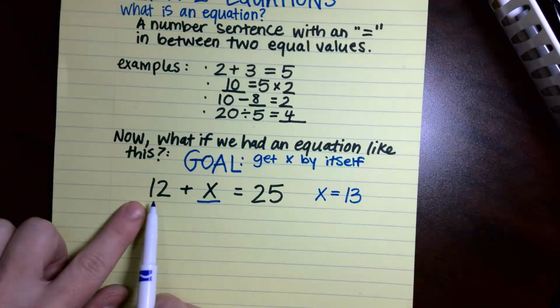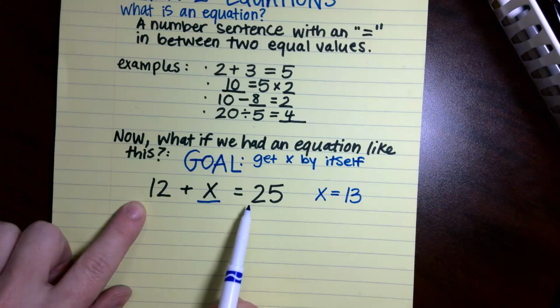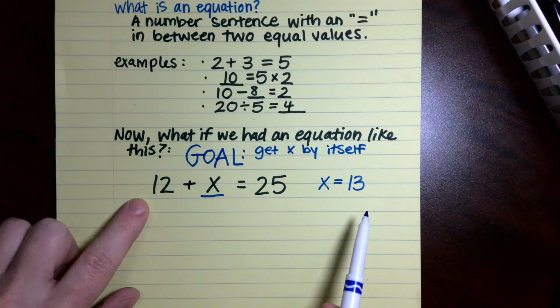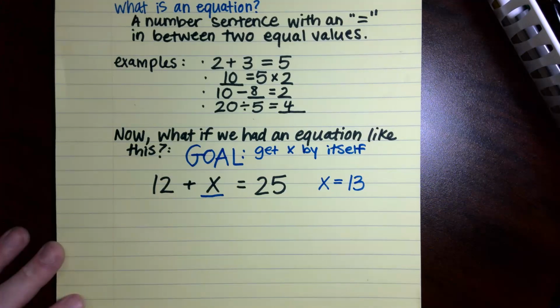We're going to turn 12 plus x equals 25 into x equals 13, and I'm going to show you how we do that. Sounds scary? It's a lot easier than you think.